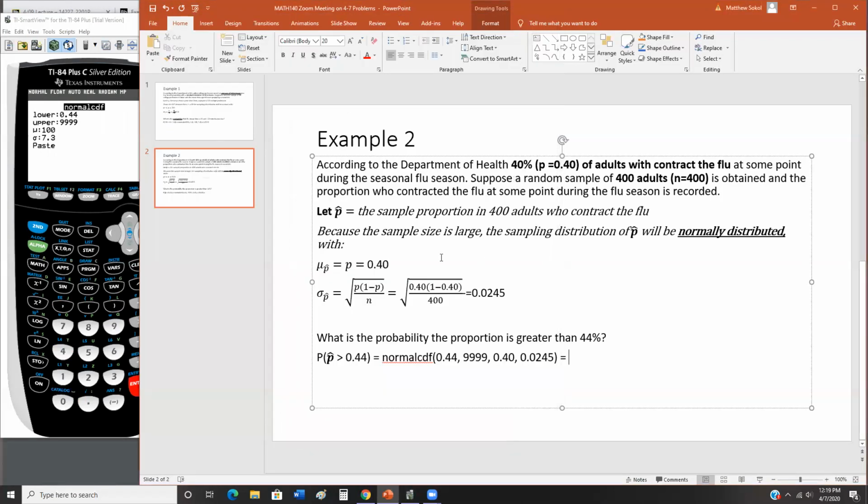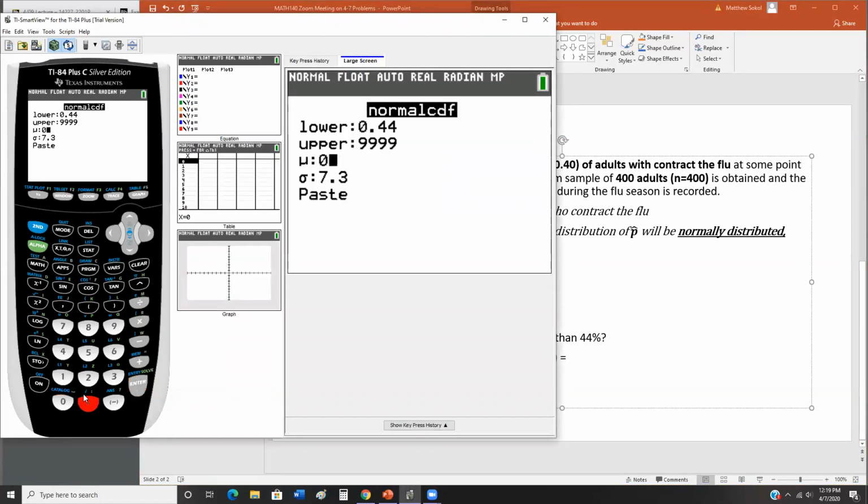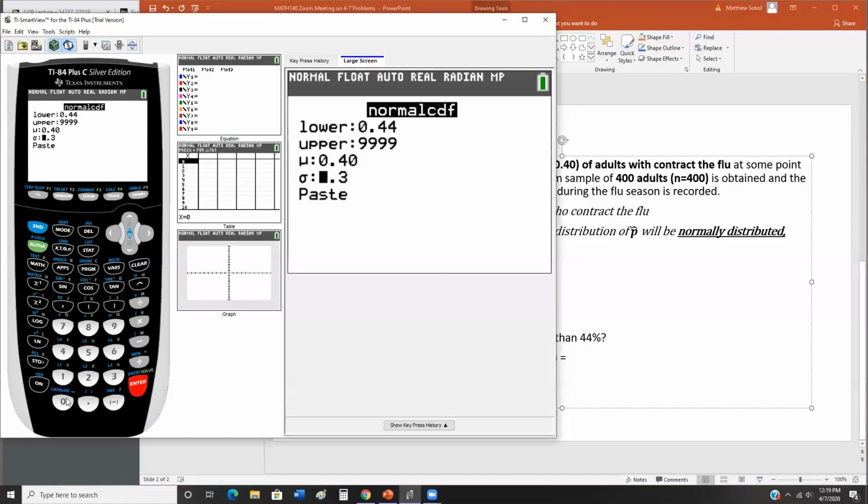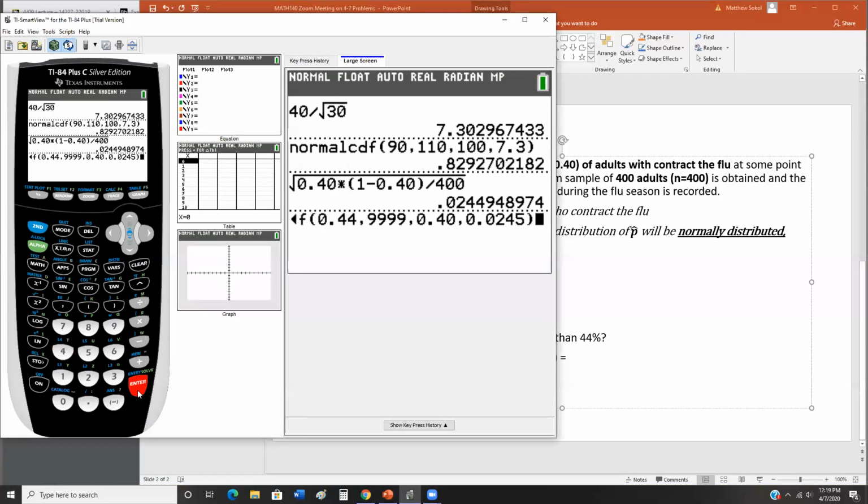The mean here was this value that we have, 0.40. And this is our standard deviation right here. And this is what you should see in your calculator.